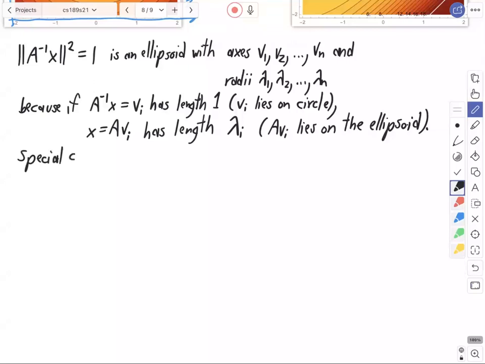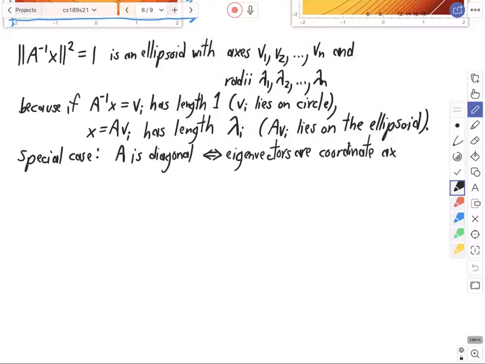A special case that comes up sometimes is, of course, the case where A is diagonal. If A is a diagonal matrix, that means that the eigenvectors will be the coordinate axes. And so that's a special case where your stretching and shrinking directions are all nicely lined up with the coordinate system.